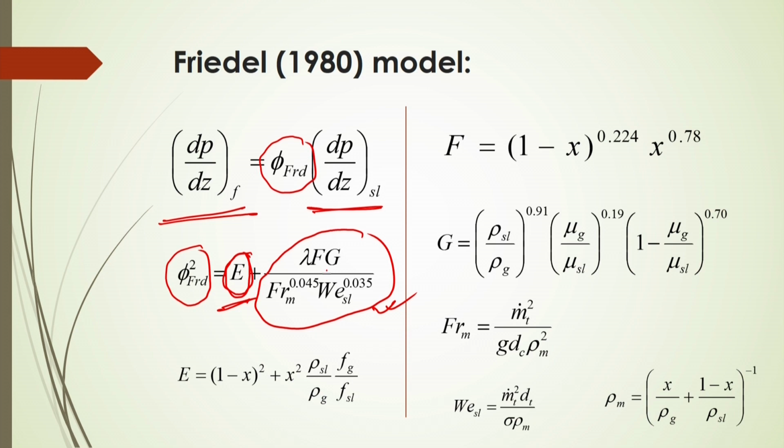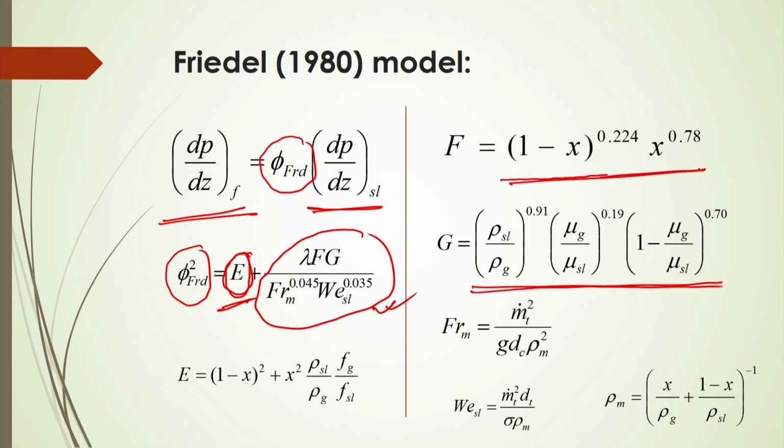Another important is that here lambda into F G, F is defined as 1 minus x to the power, here this F is directly related to this mass quality of the gas, and G is the function of ratio of gas to slurry density, and the viscosity ratio of gas to slurry here.